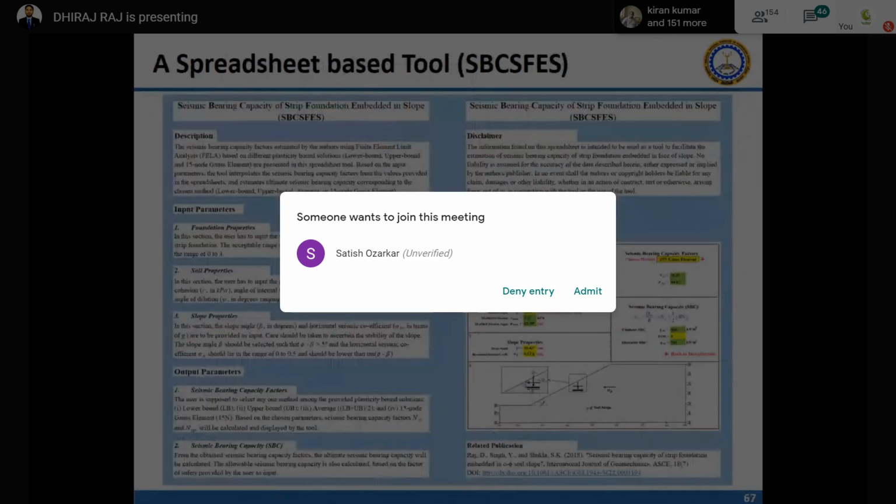You simply enter your foundation parameters, your width, depth, and other soil parameters, and the slope property and horizontal seismic coefficient, and you can get directly your bearing capacity factors and the ultimate bearing capacity. So these tools are available. You can contact me. I'll give you this.